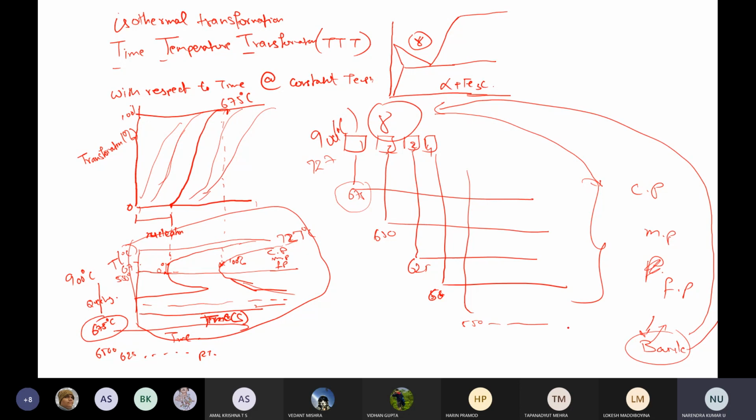So below 550, you get upper bainite and lower bainite. And if you go below 200, and the cooling rate is fast and you quench it to around 200, then you end up in martensite, retained austenite, all this structure comes. So this is what was done in the previous class.